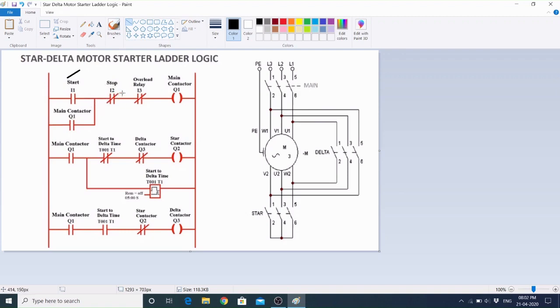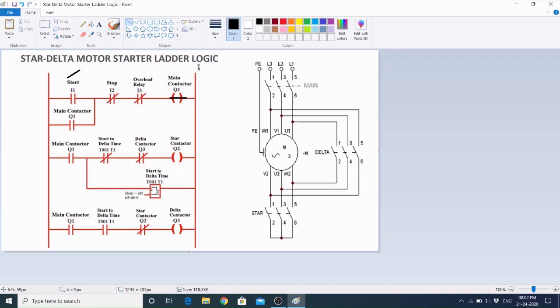So the power will come through this stop push button, and then to the overload relay. It will energize the coil of the main contactor. Current will flow from here to here, through this contactor.